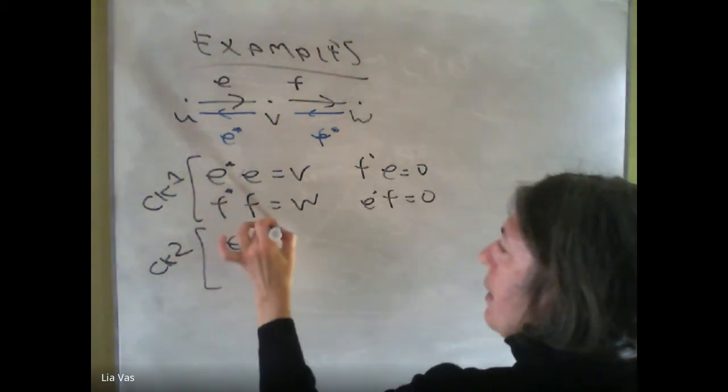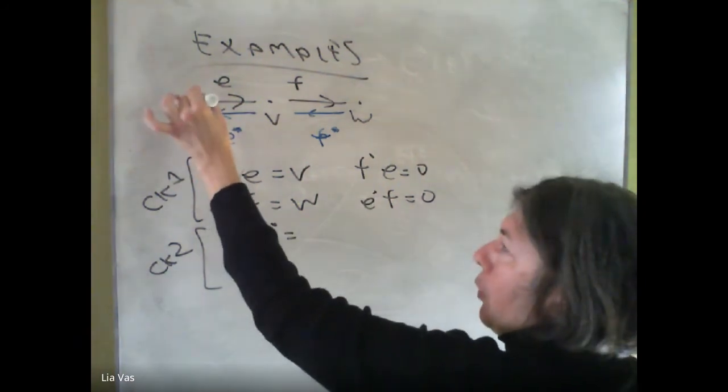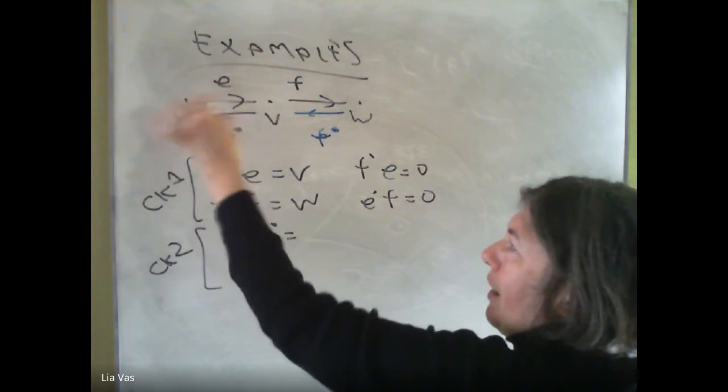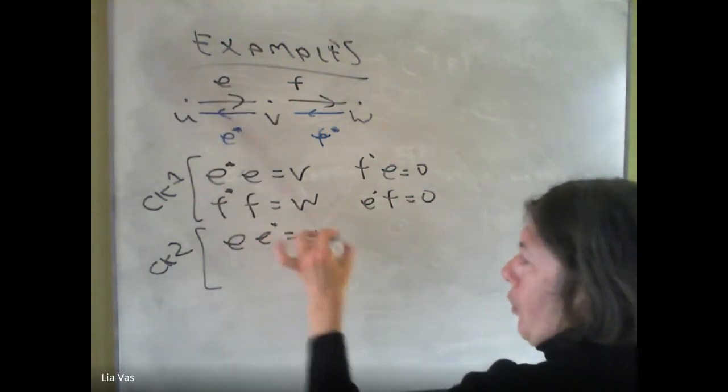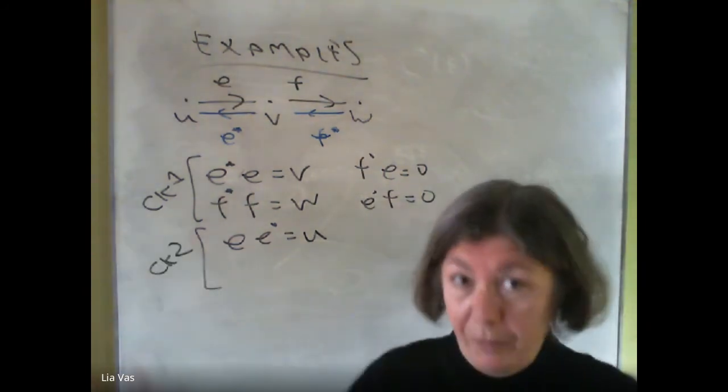So E star. Here, let's first look at U, right? U emits only one edge. So E star is U, because U doesn't emit anything else, so that you have plus something else, right?